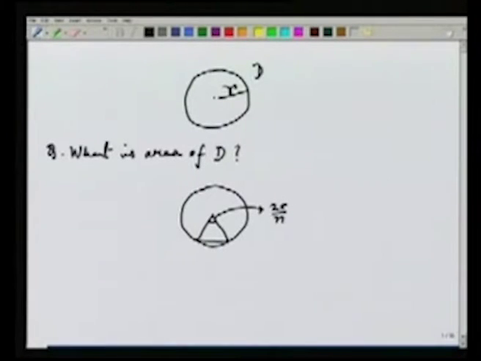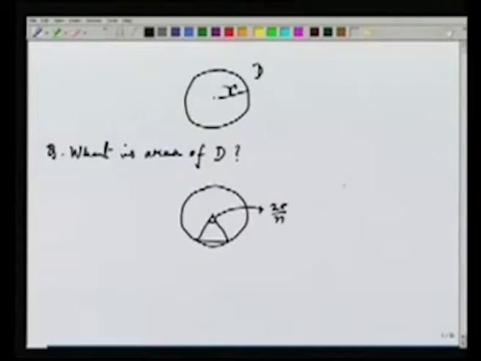That is, I am actually trying to write down this disk as a union of triangles where the top angle is 2 pi by n. So I am going to use n many triangles. And obviously, I can see from the picture, it is not going to fill up the whole disk. Some portion will be left.